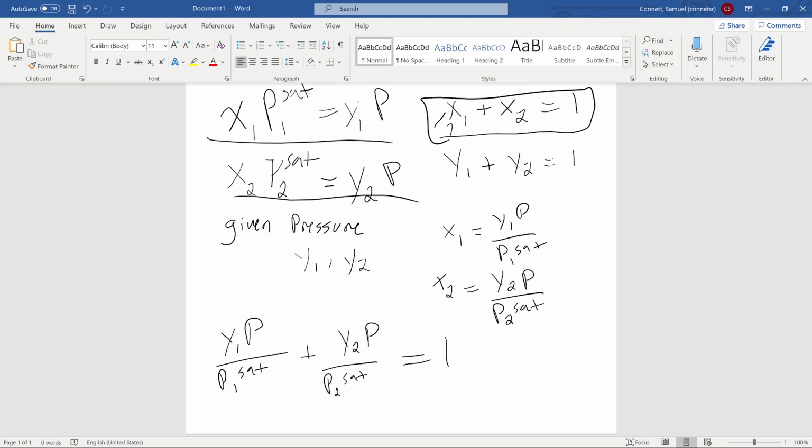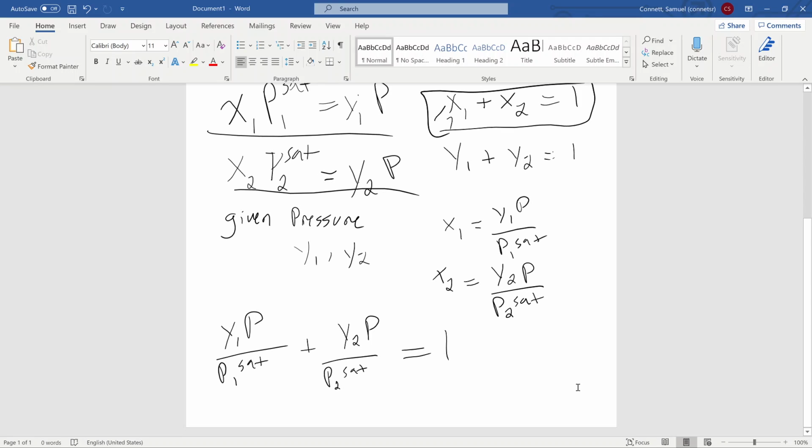In this, we are given y1, y2, and our pressure, and again our saturation pressures are determined off temperature. So we would need to again use a solver to test a bunch of different temperatures and see which temperature would make that equation true. And that is homework 7, part 1.